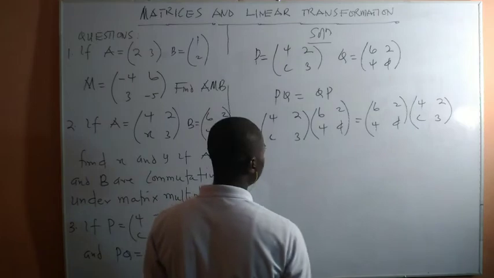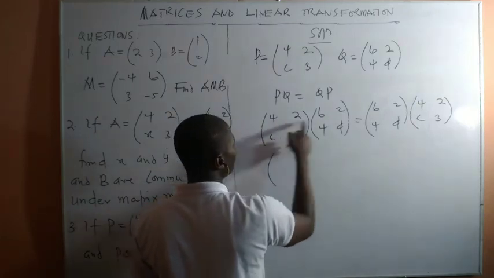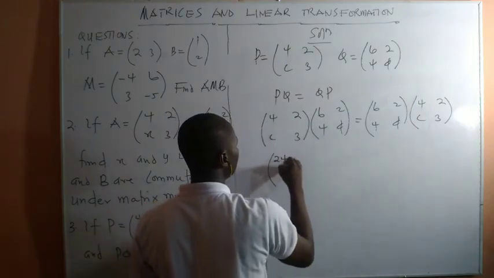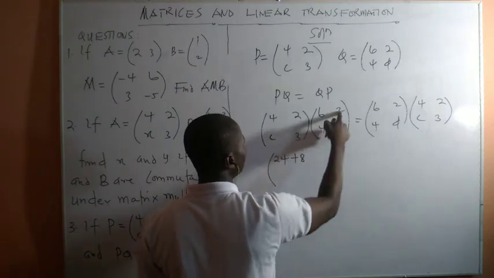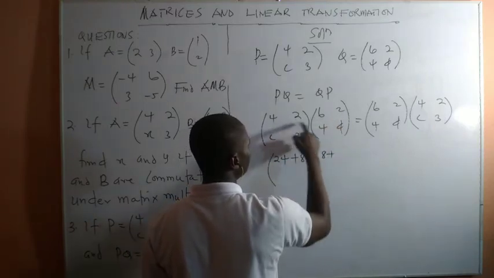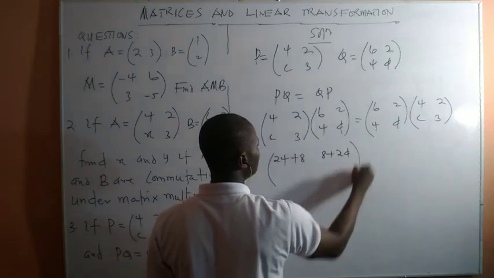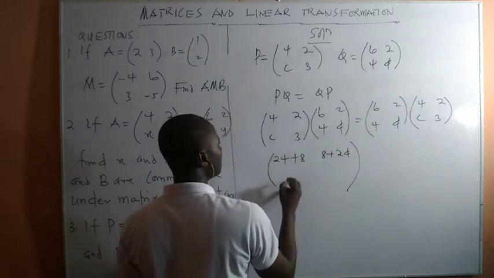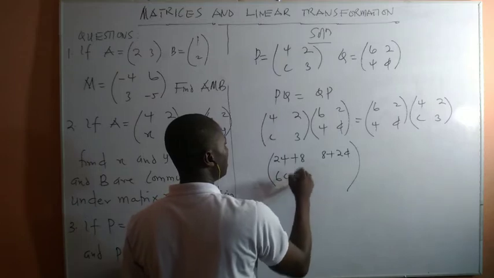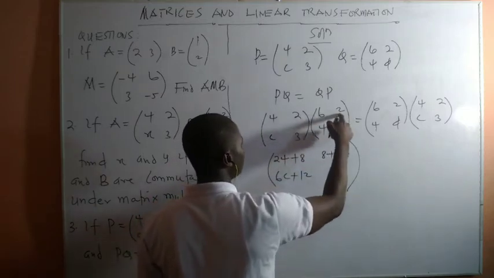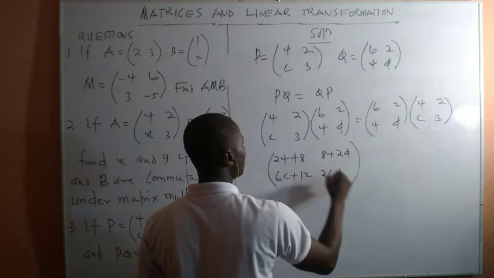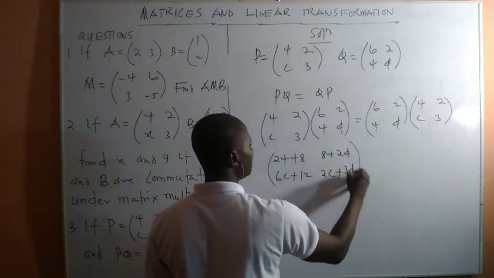So the same multiplication. Now we have 4 times 6, and that will give us 24, plus 2 times 4 will give us 8. Then we have 4 times 2 will give us 8, plus 2 times D will give us 2D. Then C times 6 will give us 6C, plus 3 times 4 will give us 12. Then C times 2 will give us 2C, plus 3 times D will give us 3D.